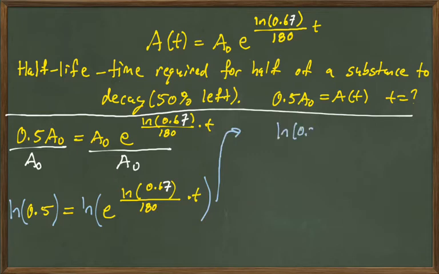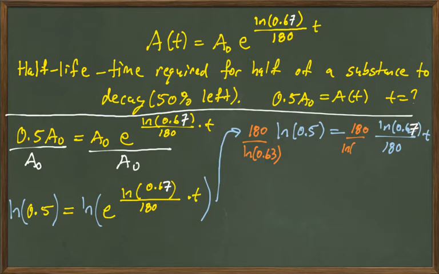So we have the ln of 0.5 is equal to the ln of 0.67 times t. Okay, and we're going to do the same thing we did before. We're going to multiply by the reciprocal, so 180 over the ln of 0.67.